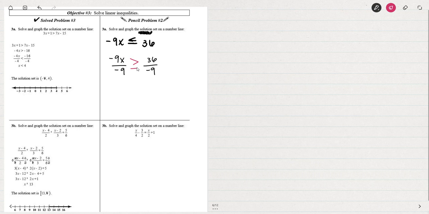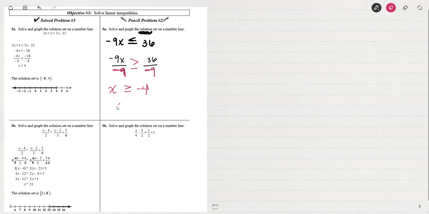Now when I divide by a negative, I've got to flip it around. You treat an inequality the same as an equation, except that when we multiply or divide by a negative, it flips. So this would give us that x is greater or equal to -4.